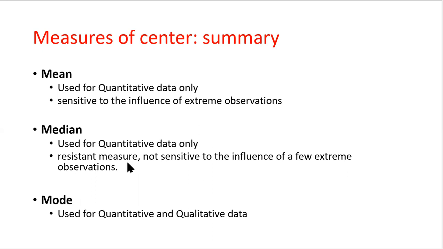It is a resistant measure, meaning it's not influenced by low lows or high highs. And another one is mode. It's used for both quantitative and qualitative data, and it's the value that occurs most often.